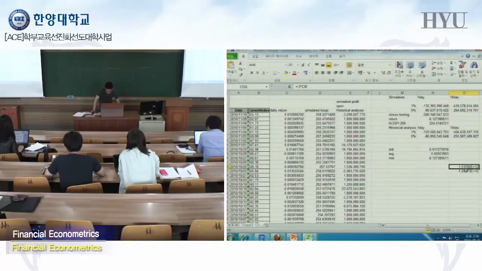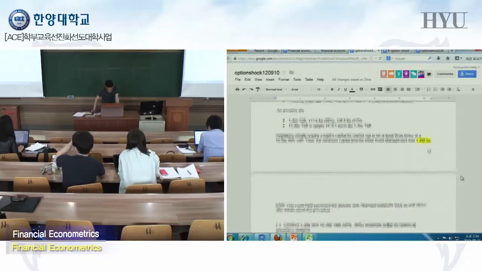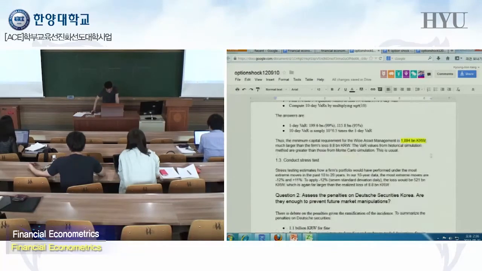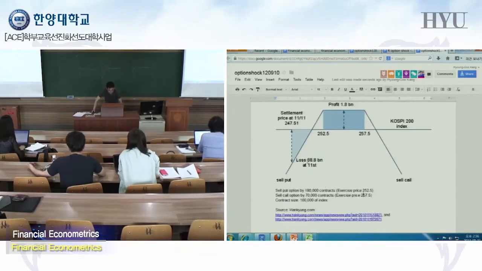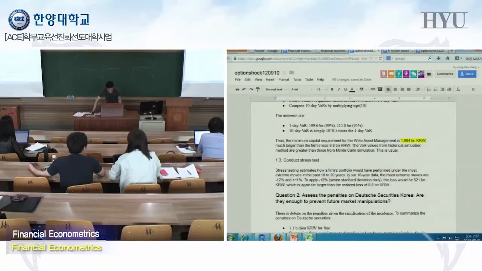Actually, not 1.5 billion, 1.5 trillion, okay, which is much larger than the firm's loss of 88 billion, right? We said that the value was 88 billion, which is actually much smaller than that value.